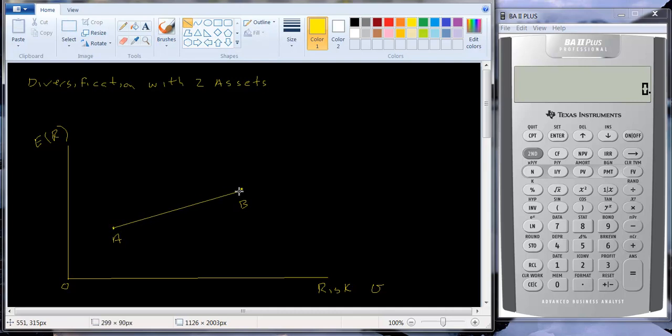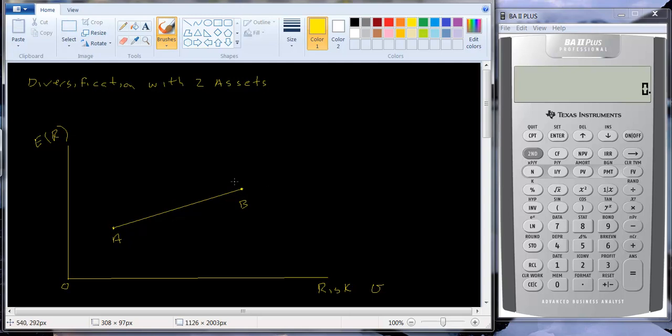If both securities are perfectly positively correlated, then you get this straight line relationship, which means that if you want lower risk, you have to take lower return. So this is a case where if you want the lowest risk, take A. If you want the highest expected return, take B. And if you want someplace in between, take a combination of A and B. This is kind of what you would expect.